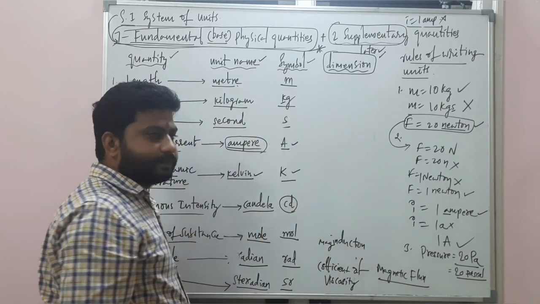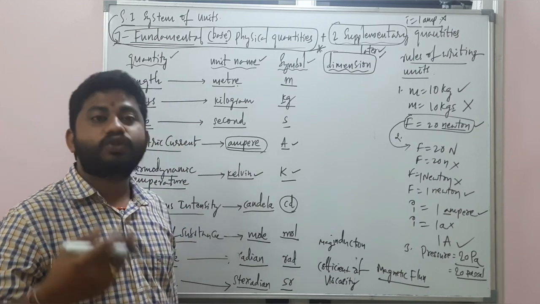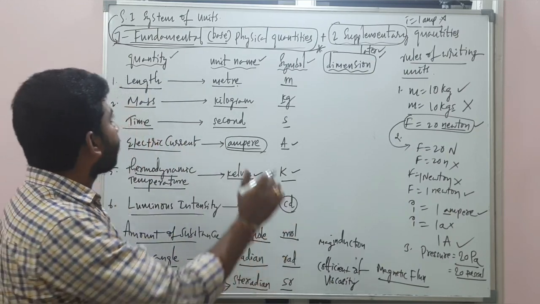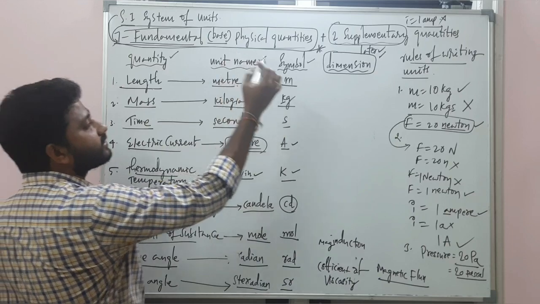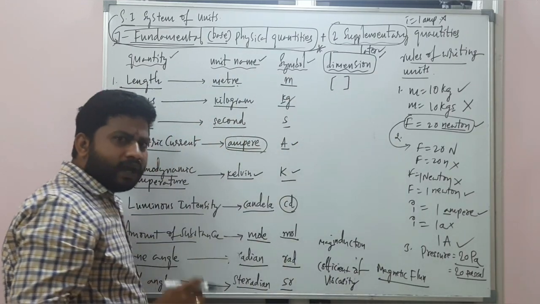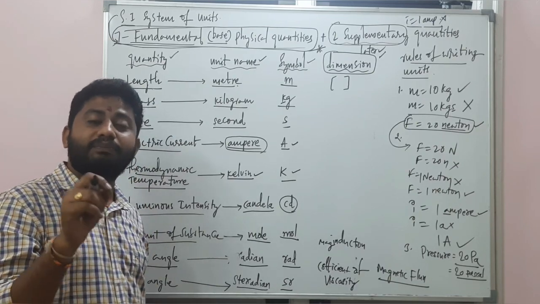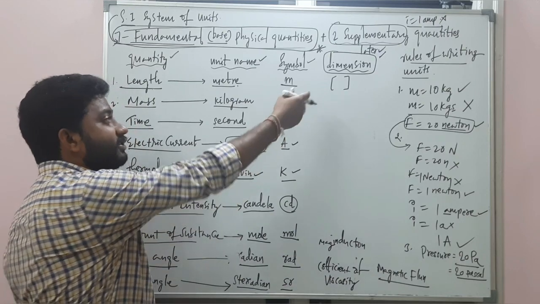Now, come back to the dimensions. In-depth analysis of the dimensions we will be learning soon. But now, length dimension will be like this: square brackets. Every dimension of a physical quantity we will be representing in square brackets in this way.